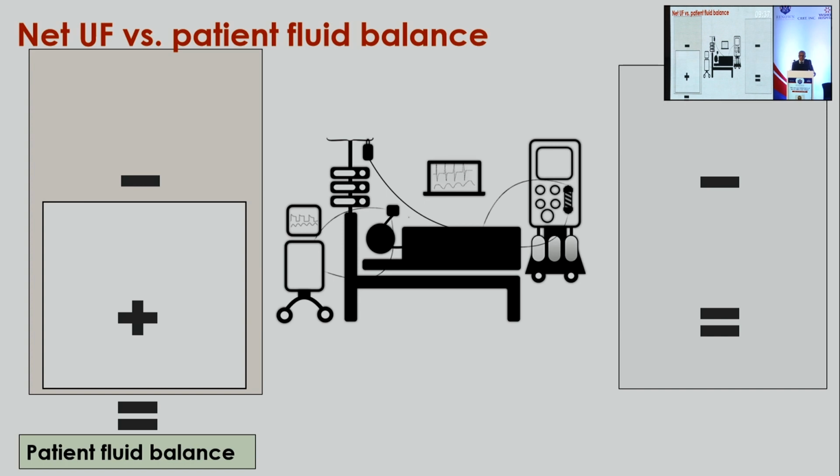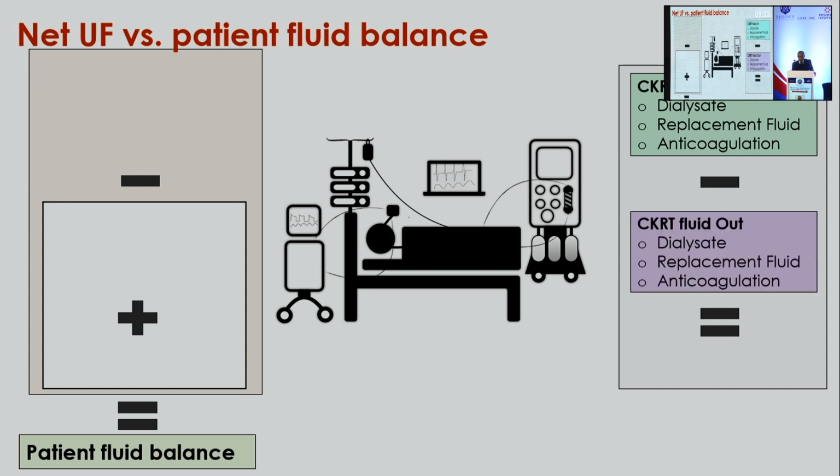Though the machine and the patient are connected, they do not talk with each other. On the machine side, the total fluid that goes into the CKRT machine, which is the dialysate, replacement fluid, and anticoagulation, minus the total fluid that comes out in the effluent, is what will determine the net ultrafiltration that happens during the dialysis therapy.